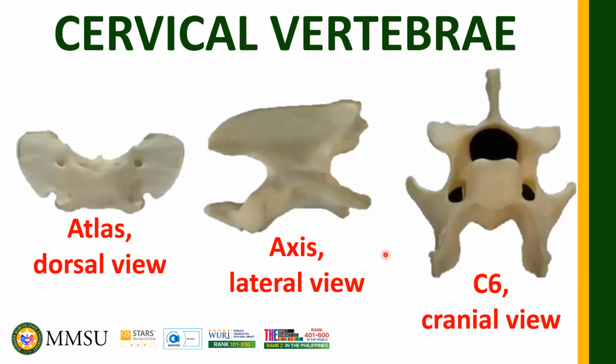And baka kung nagtataka kayo bakit C6 kaagad, kasi yung third to fifth na vertebrae, they are almost the same with the 6th vertebra. Pero yung atlas tsaka axis, we are usually calling this one as atypical kasi they are not the same in appearance with the rest of the cervical vertebrae. So we will just focus on these three, the atlas, the C1, the axis, the C2, and then we have the C6, which is on the cranial view.